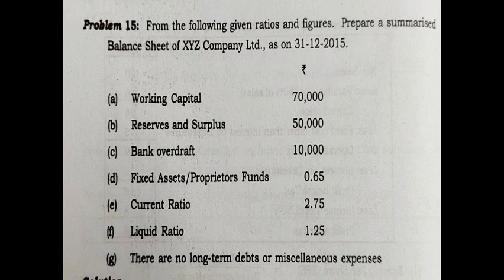In the question, three amount items are given: working capital, reserves and surplus, bank overdraft, and three ratios are also given. You have to prepare a balance sheet. We all know a balance sheet includes fixed assets, fixed liabilities, current assets, current liabilities. How are you going to find each individual item?